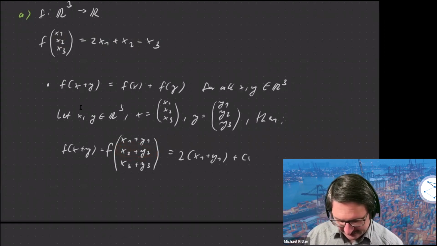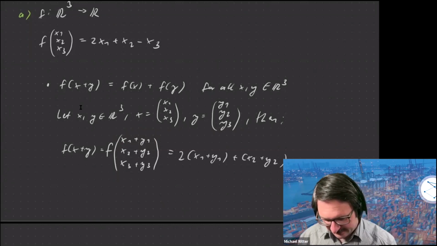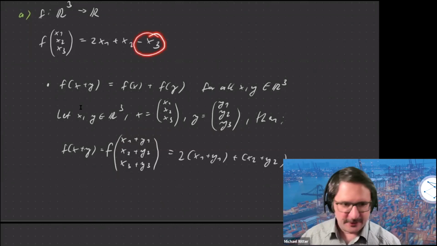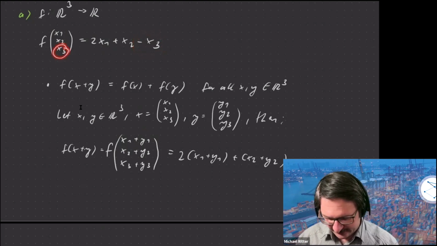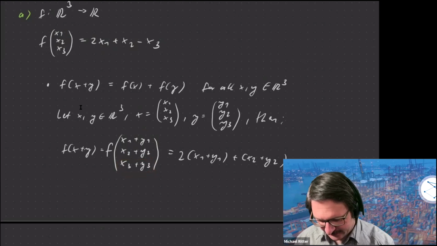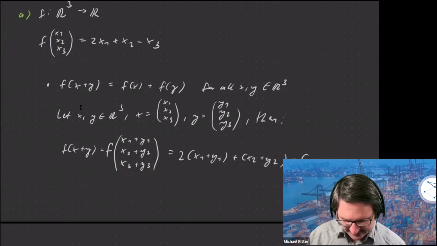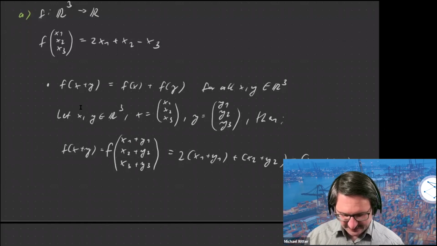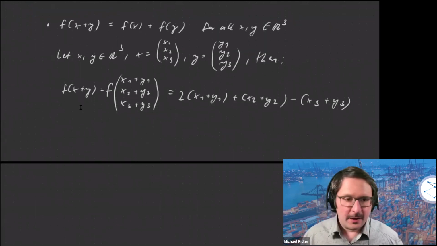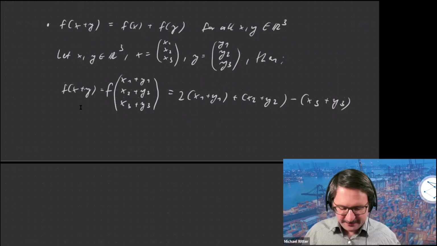So we add x2 plus y2. And finally, it subtracts the third entry of the vector, this one. So in our application, this is the third entry. So we subtract x3 plus y3. So that's f applied to the sum of x and y.